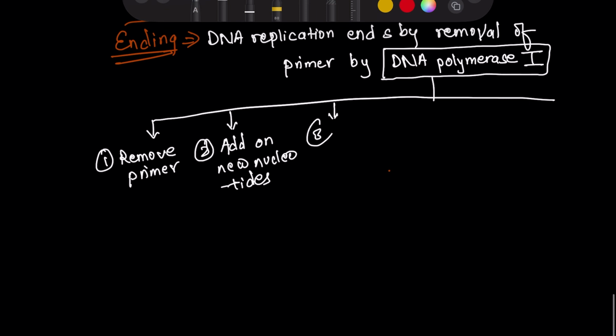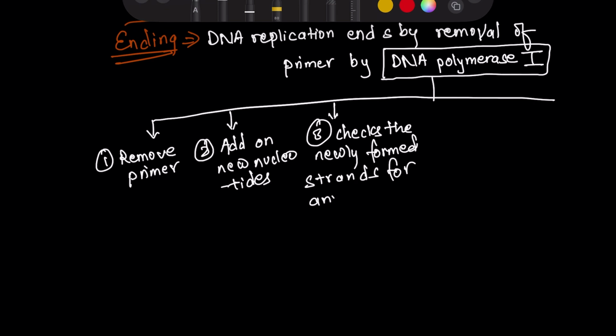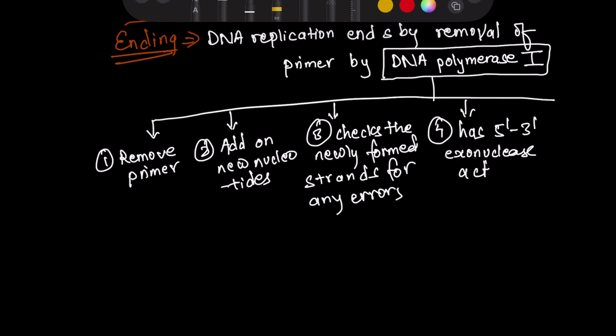Number 3, it checks the newly formed strands for any errors, and number 4, it has exonuclease activity. That means if it finds any errors, it will remove the abnormal nucleotide that has been placed, and then add the correct nucleotide, right? So it has 5' to 3' exonuclease activity, right?